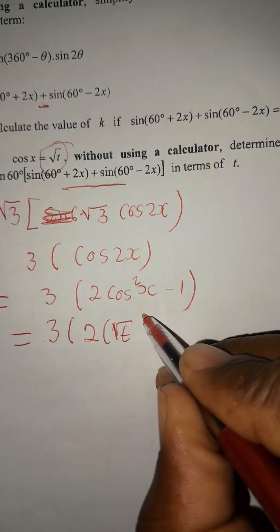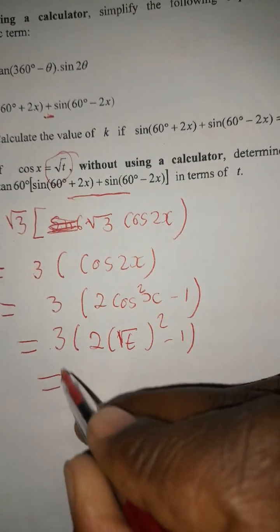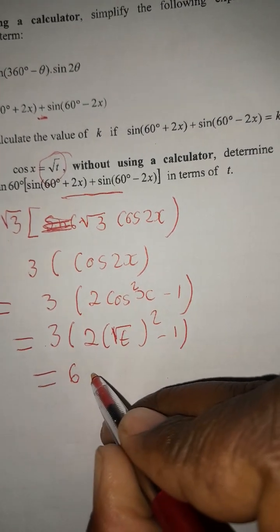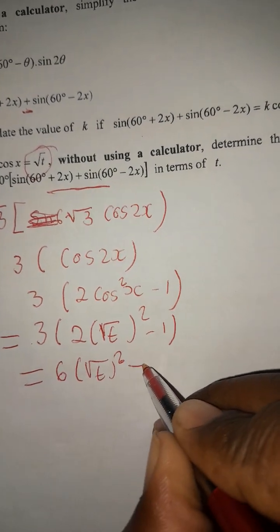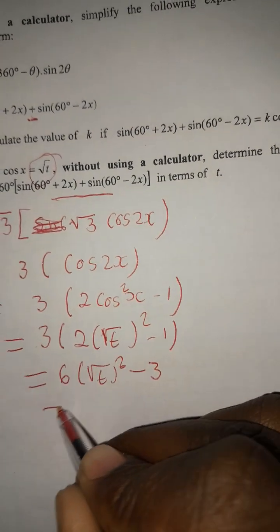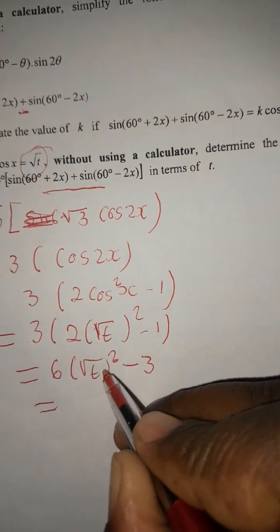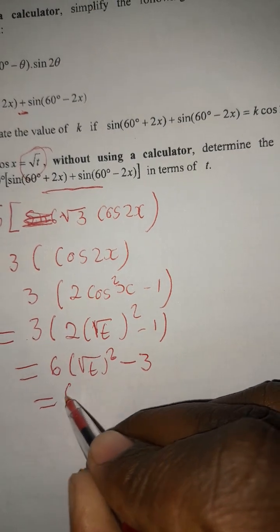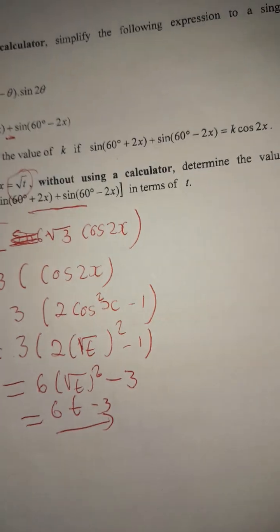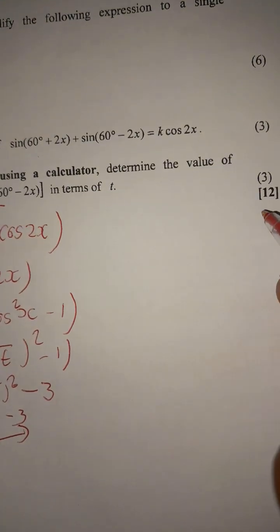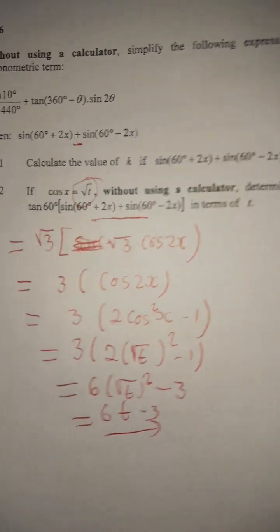So it's going to be 3 times 2 root t squared minus 1. Let's work it out. 3 times 2 is 6 root t squared there. 3 times 1 is minus 3. Then we need to get rid of the square root. When you square this root, we are left with t. So it's going to be 6t minus 3 in this case. That's how we can get those 12 marks. Hope you saw how we get 12 marks, guys.